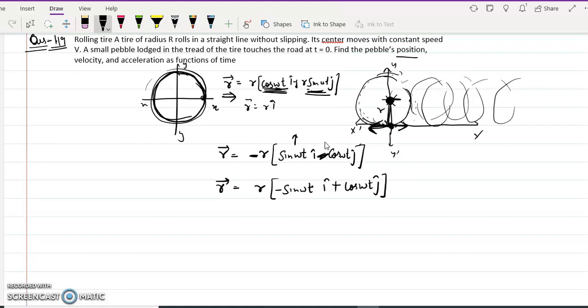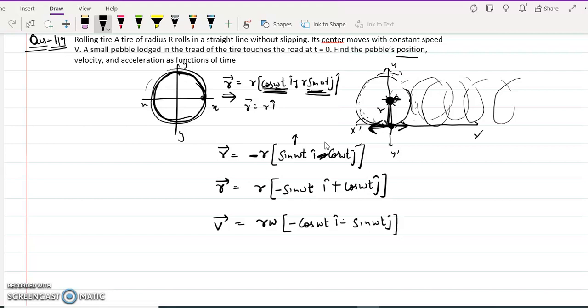Now what will be the velocity vector according to this center? The velocity vector will be given by just differentiation, and we will get r omega times minus cos omega t I cap minus sine omega t j cap.